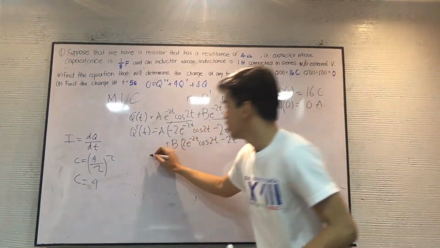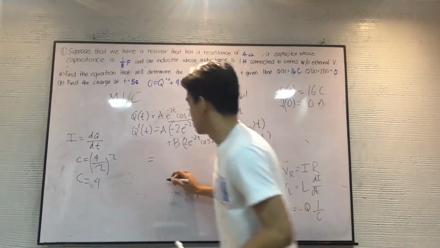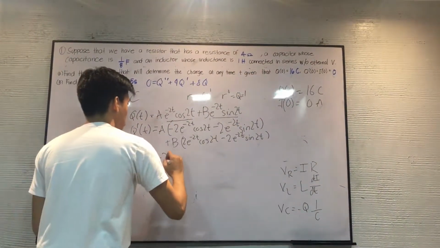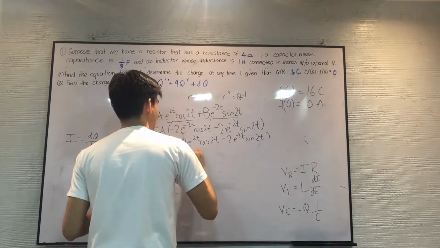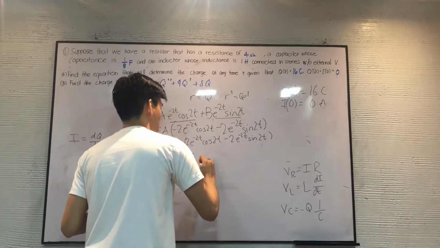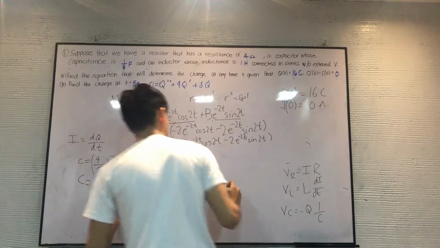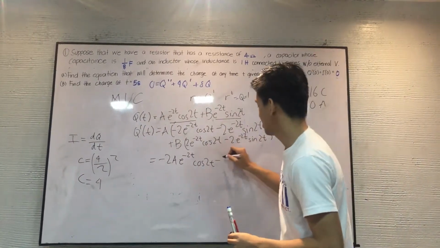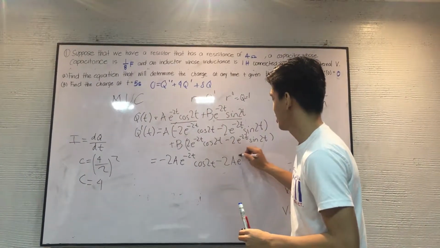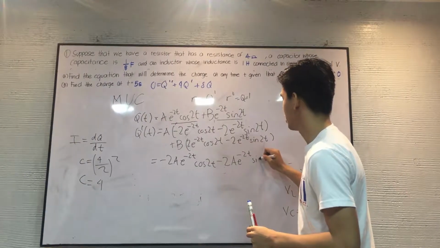Then distributing the coefficients within becomes negative 2a e^(-2t) cosine 2t minus 2a e^(-2t) sine 2t.